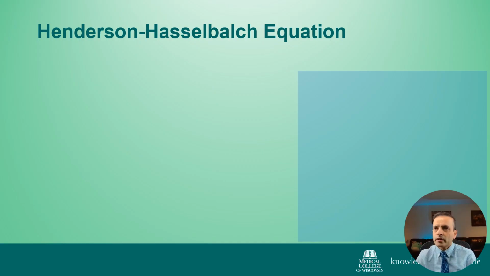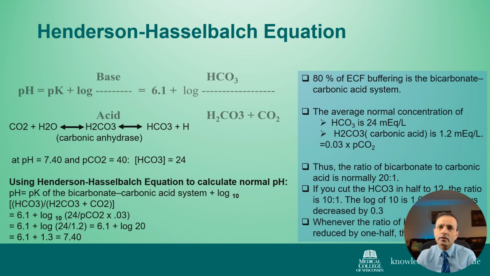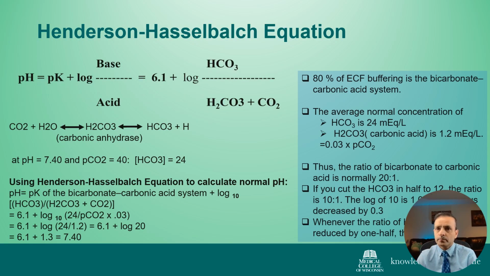So let's talk about the Henderson-Hasselbalch equation. pH is equal to pK plus log of base by acid. pK is a dissociation constant, which is 6.1. The rest is the log of base, which is bicarbonate, divided by acid, which is carbonic acid.